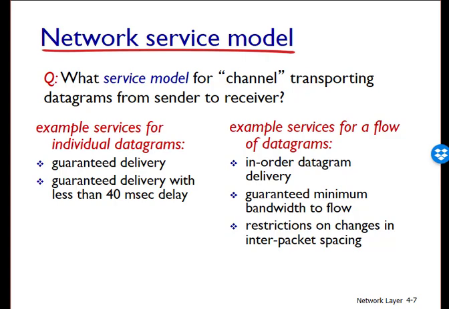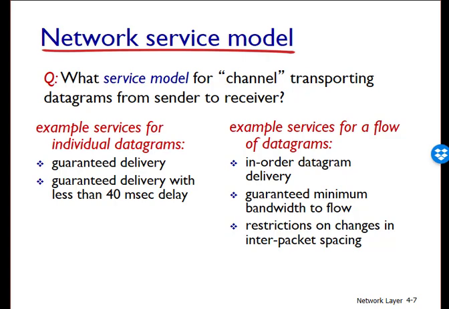The network service model defines the characteristics of end-to-end transport of packets between sending and receiving systems. Now consider some possible services that the network layer could provide. In the sending host, when the transport layer passes a packet to the network layer, specific services that could be provided by the network layer include guaranteed delivery. This service guarantees that the packet will eventually arrive at the destination.